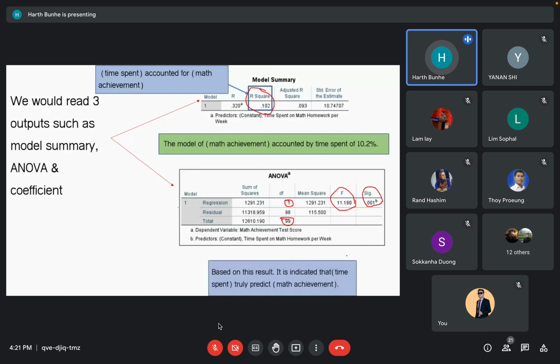Based on this result, it is indicated that time spent truly predicts, or significantly predicts, math achievement. So the box here is the interpretation of the value, and the box here is the interpretation of this table.